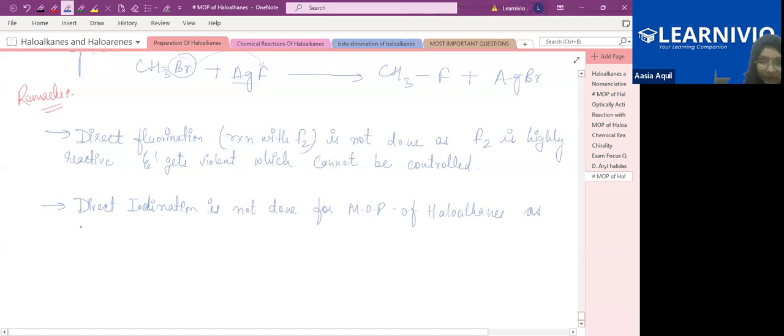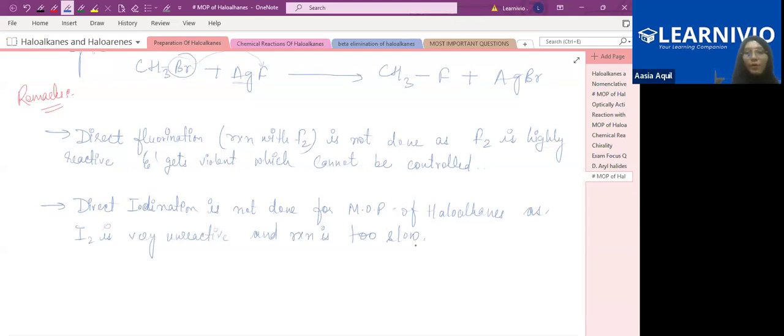Why? As I2 is unreactive, the reaction is too slow. That's why we don't do iodination and fluorination reactions. We just prefer the chlorination and bromination reactions for the preparation of haloalkane.